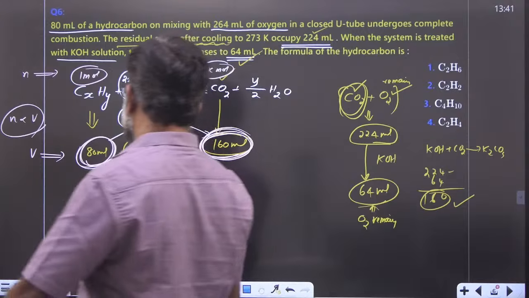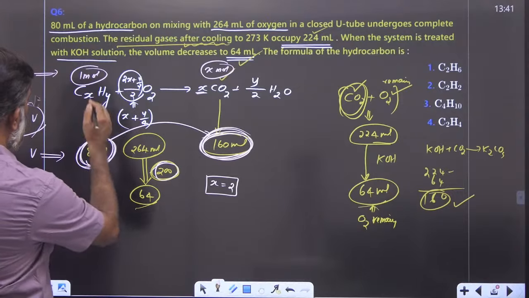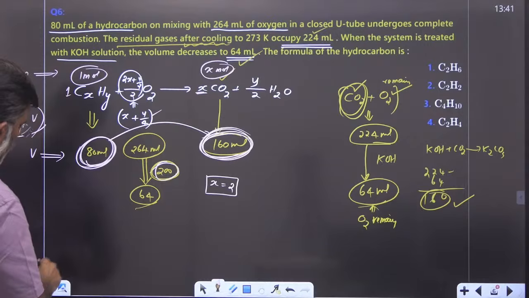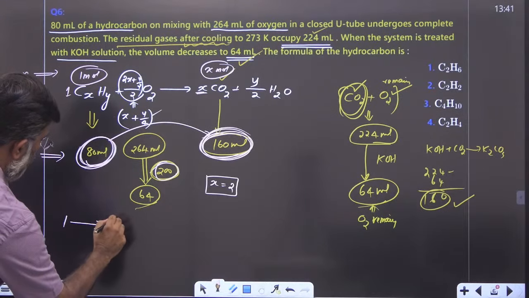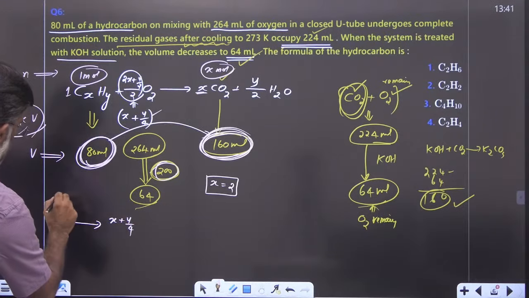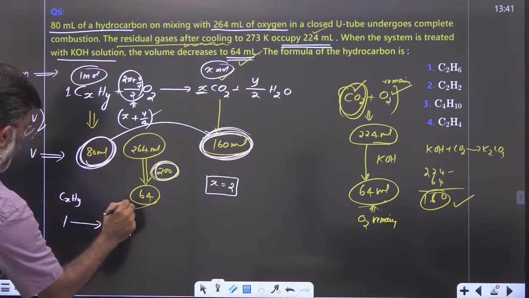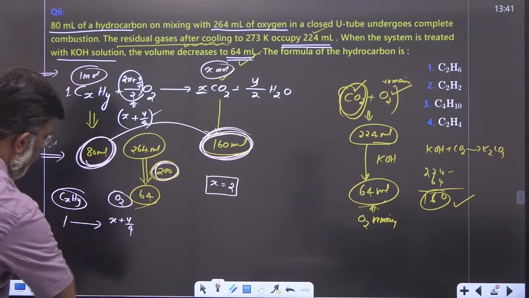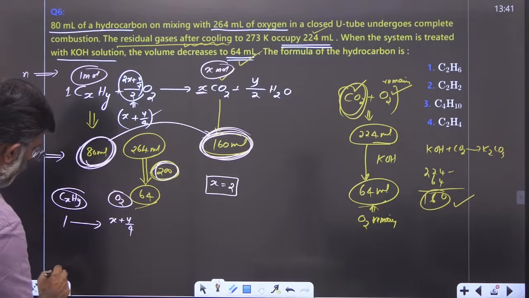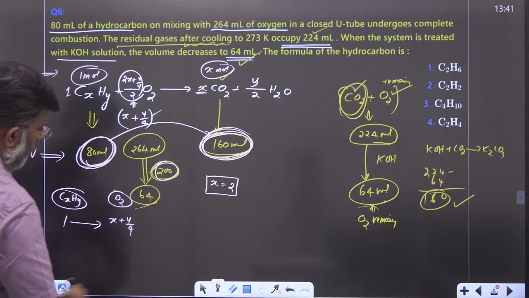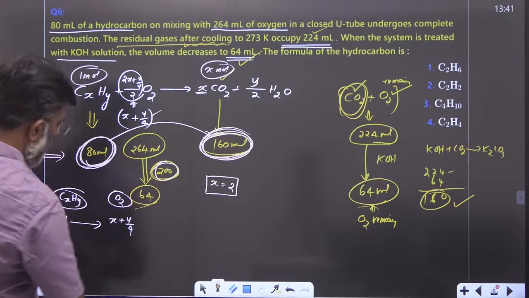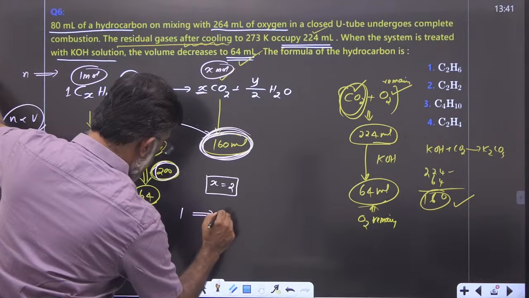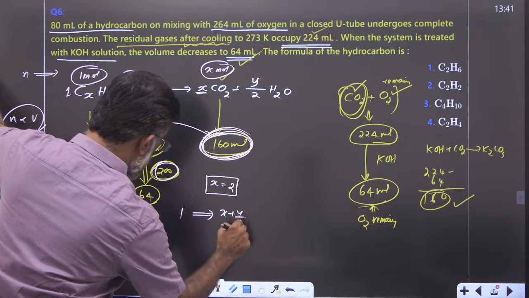Now what about Y? You see, 1 mole of this hydrocarbon CXHY reacts with x plus y by 4 of oxygen. So we can write 1 versus x plus y by 4.